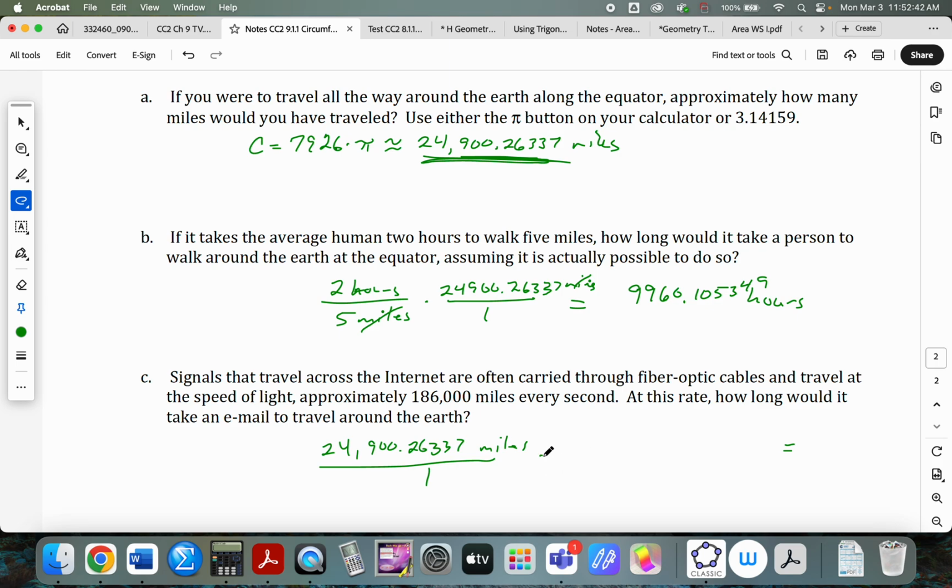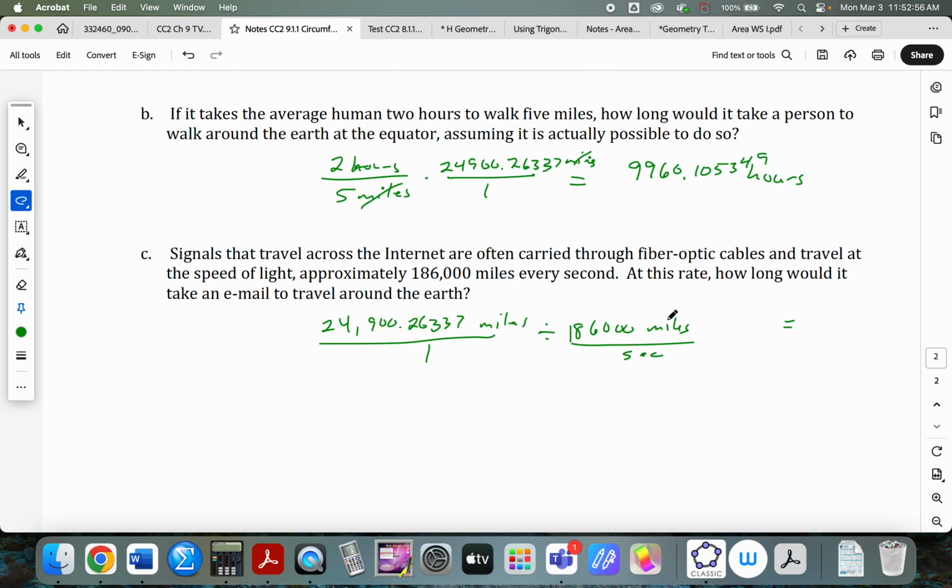We're going to divide. Because this is miles per second, right? And when you divide, what do you do with what you're dividing by? When you're dividing by a fraction, what do you do with it? If I'm trying to multiply 5 times 2/3, what do I do?